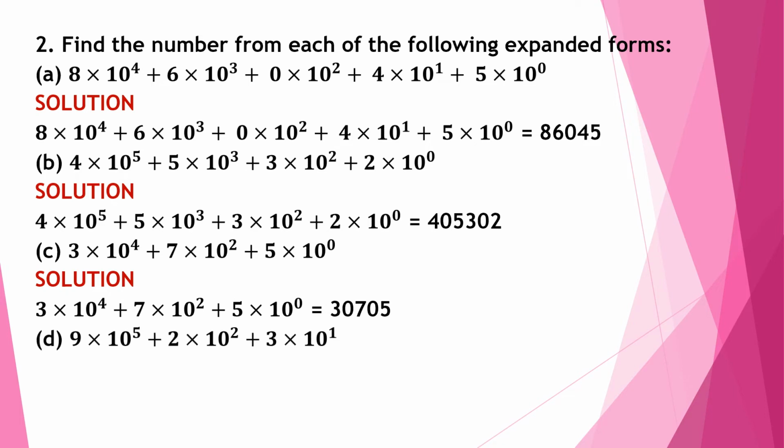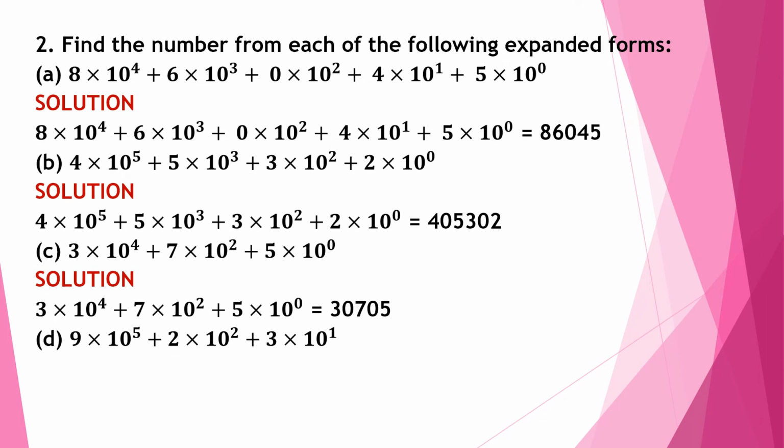Next, 9 into 10 raised to 5 plus 2 into 10 raised to 2 plus 3 into 10 raised to 1. So the highest power of 10 is 5. So the first digit is 9. Then in the hundreds place you can write 2 and the tens place you can write 3. Remaining all other places you can put 0.